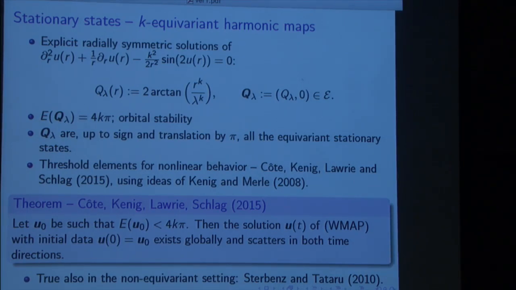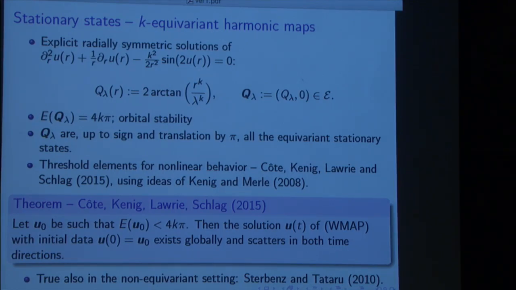There exists a solution of energy exactly 4kπ, which does not scatter, and this is Q. But in some sense it is not really optimal, because a scattering solution has to, let's say, at least tend to 0 in the L infinity norm, which means it's contractible, so it has to have topological degree 0, and these solutions Q do not have topological degree 0.